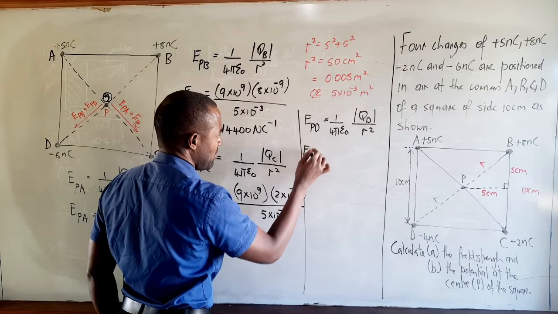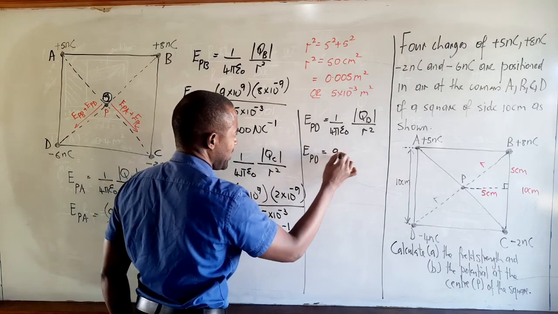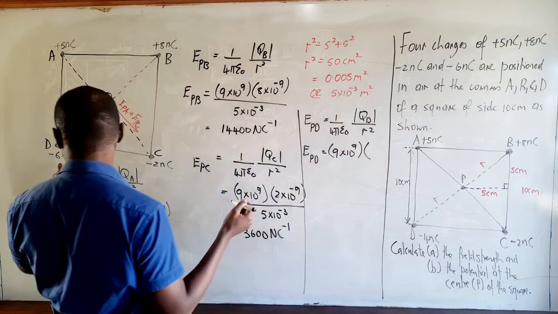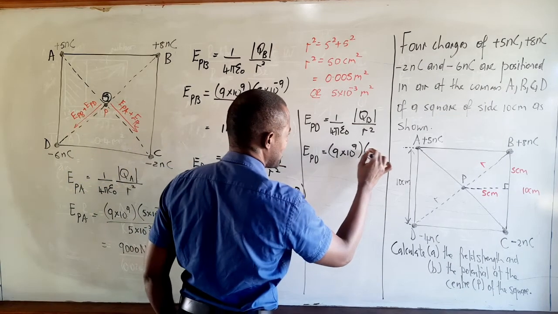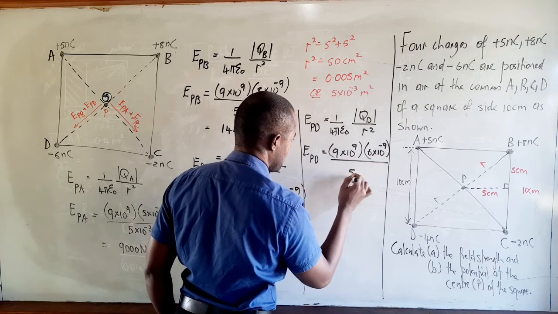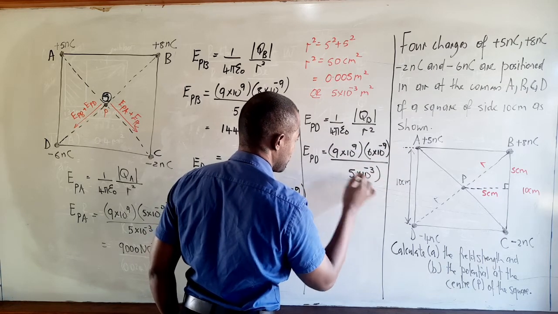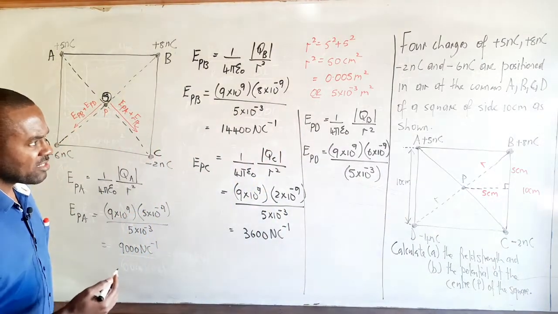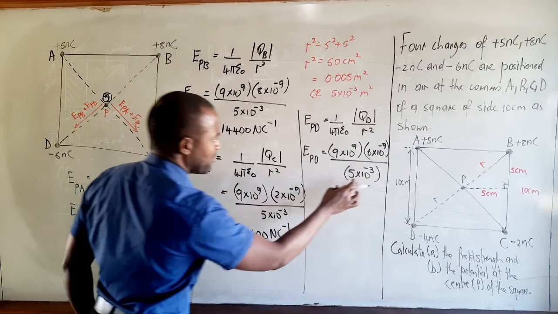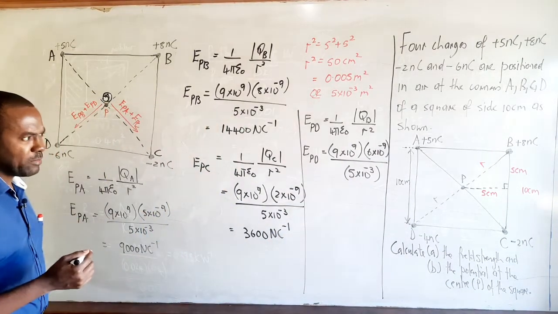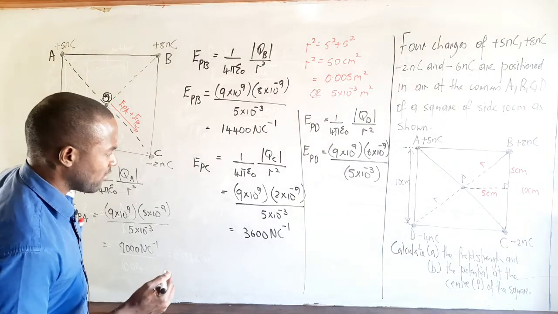So EPD is equal to 9 times 10 to the 9 times 6 times 10 to the minus 9, all over 5 times 10 to the minus 3. For this one, 6 nines is 54. 54 divided by 5 times 10 to the minus 3 is basically 10.8, so this would be 10,800.